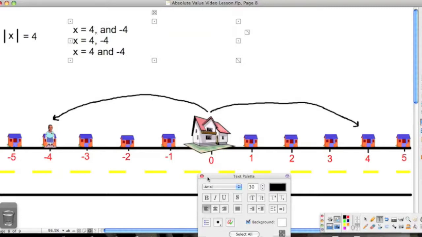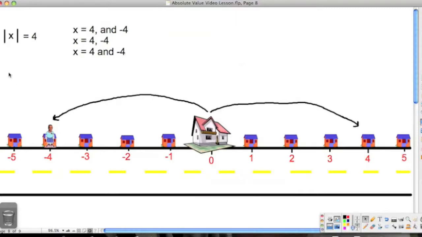When you see an absolute value sentence like the absolute value of x equals 4, just think, if Eckert were to run that far from his house, where would he end up? He would either end up at negative 4 Number Lane, or at positive 4 Number Lane. That's all absolute value is.